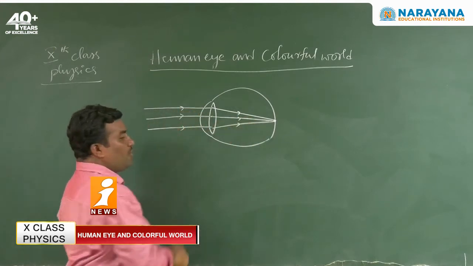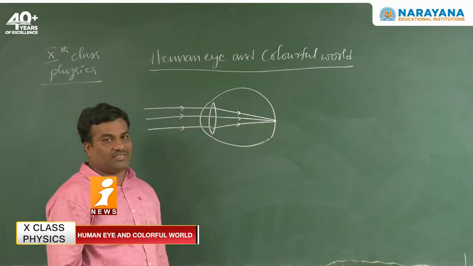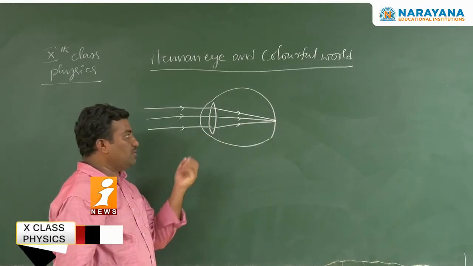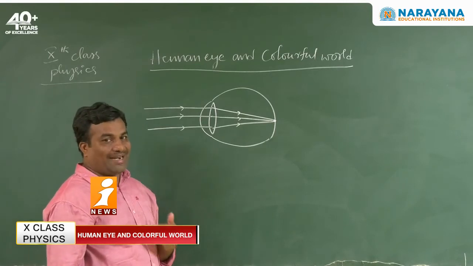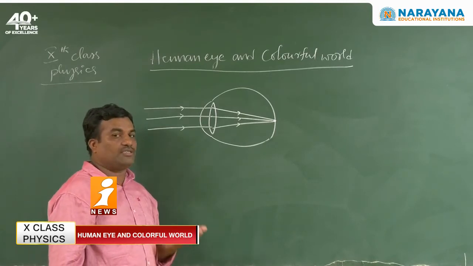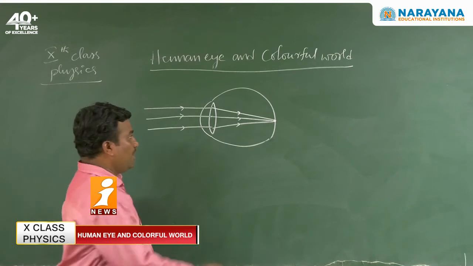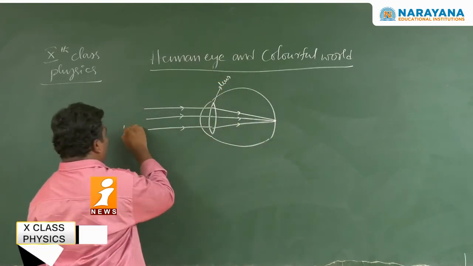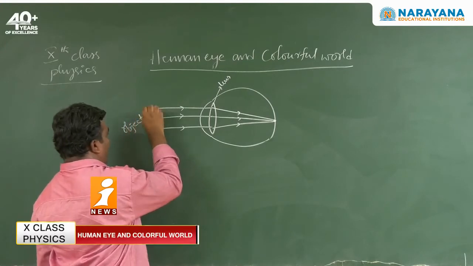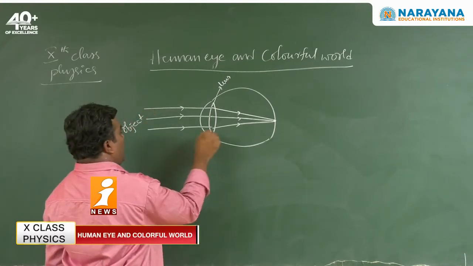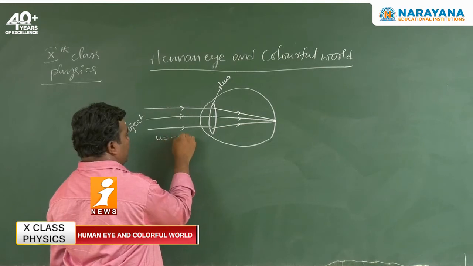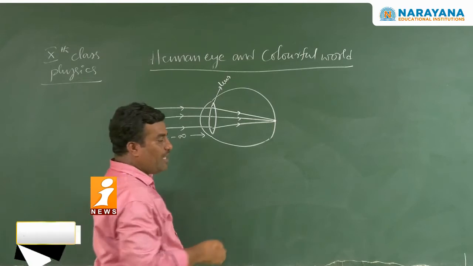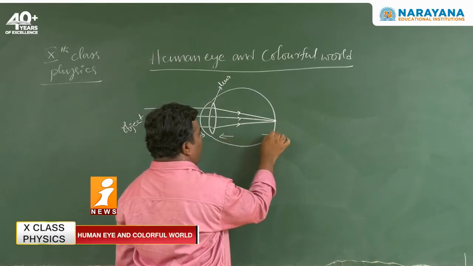You are focused on long distance objects. When you are focused on a long distance object, the ciliary muscles are relaxed and it gives the maximum focal length. Where is the object? At infinity distance. Where is the image formed?